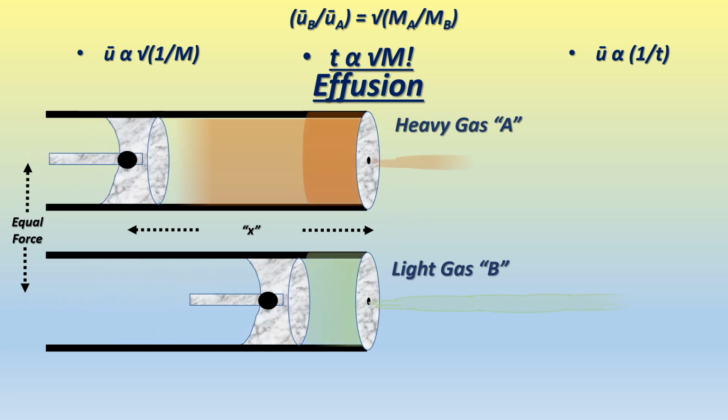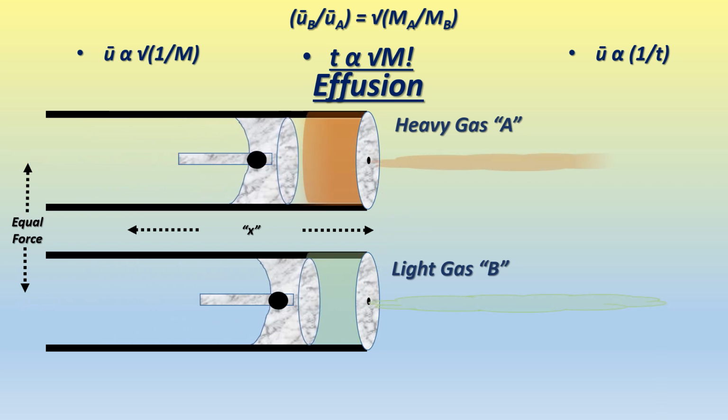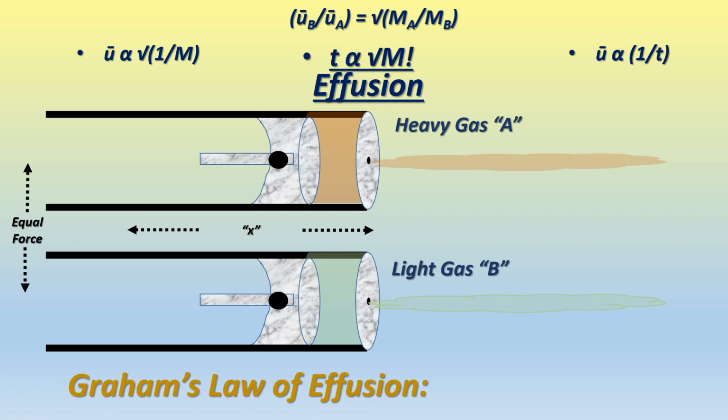It's obviously harder to move the heavier gas than the lighter gas, so the piston will take more time to travel the same distance with a heavy gas than a light gas. And one winds up with Graham's law of effusion, that if one compares a known to an unknown, the time of A to the time of B is the square root of the mass of A over B.